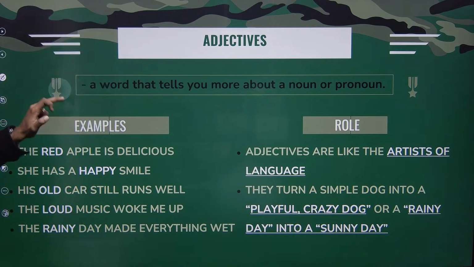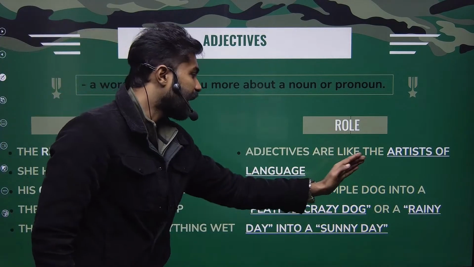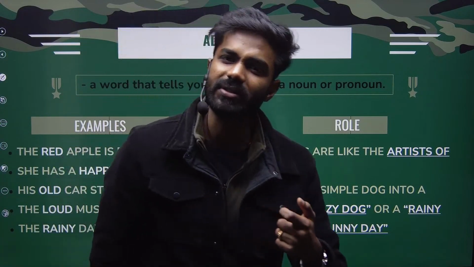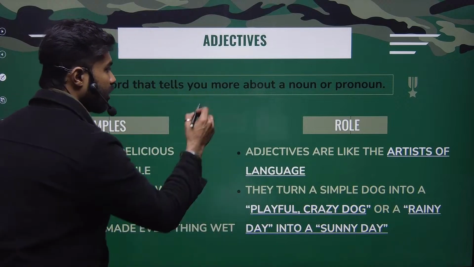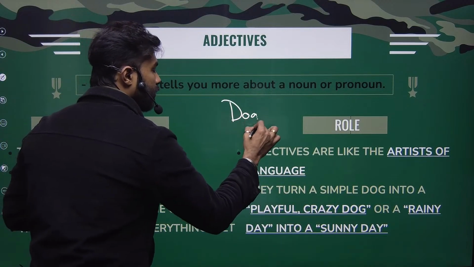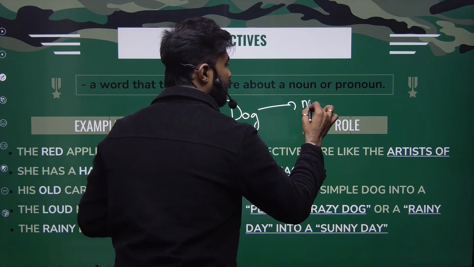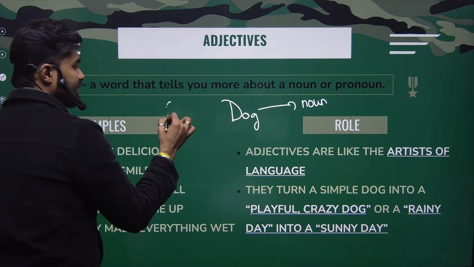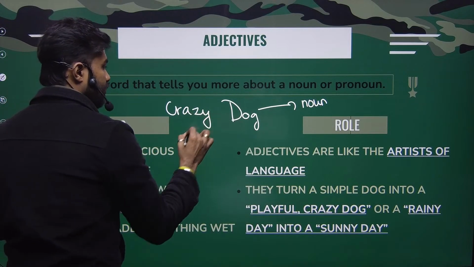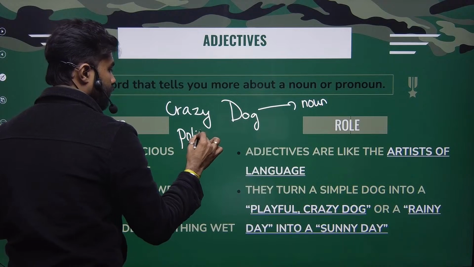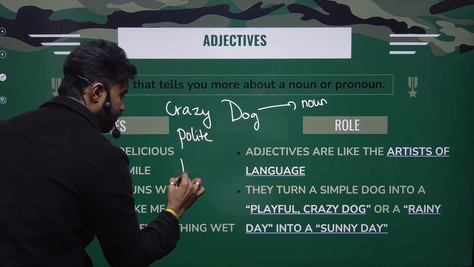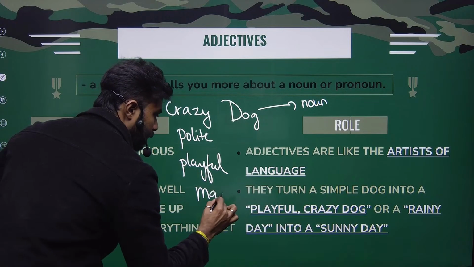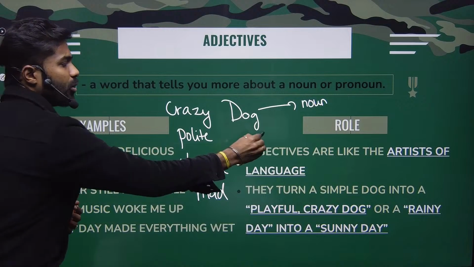All right. See, adjectives are like artists of language. Artists of language? How, sir? How are adjectives my artists of language? Look at this one. Dog. Dog is my noun. See, dog is a normal noun.